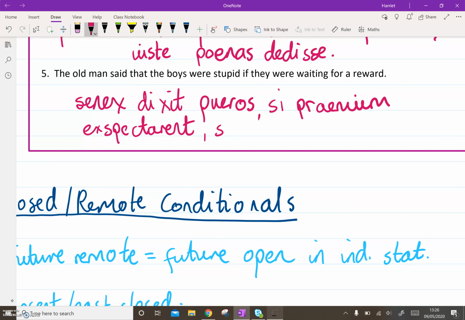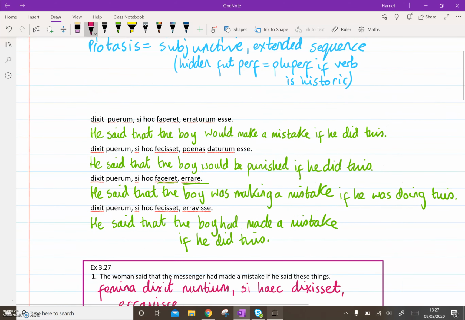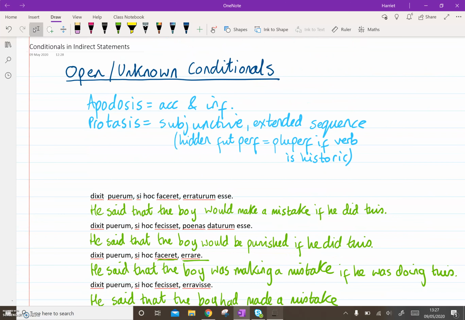They were stupid, stultos esse. Okay, so that is a load of open and unknown conditionals within the indirect statement.